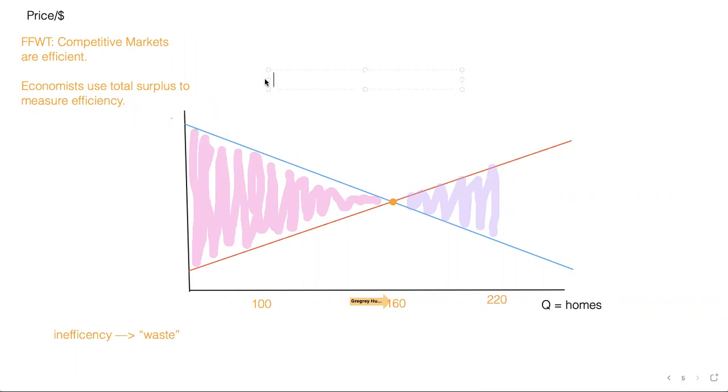So I'll say first fundamental welfare theorem, second definition, another way of saying the same thing: the competitive market maximizes total surplus. That's our claim.